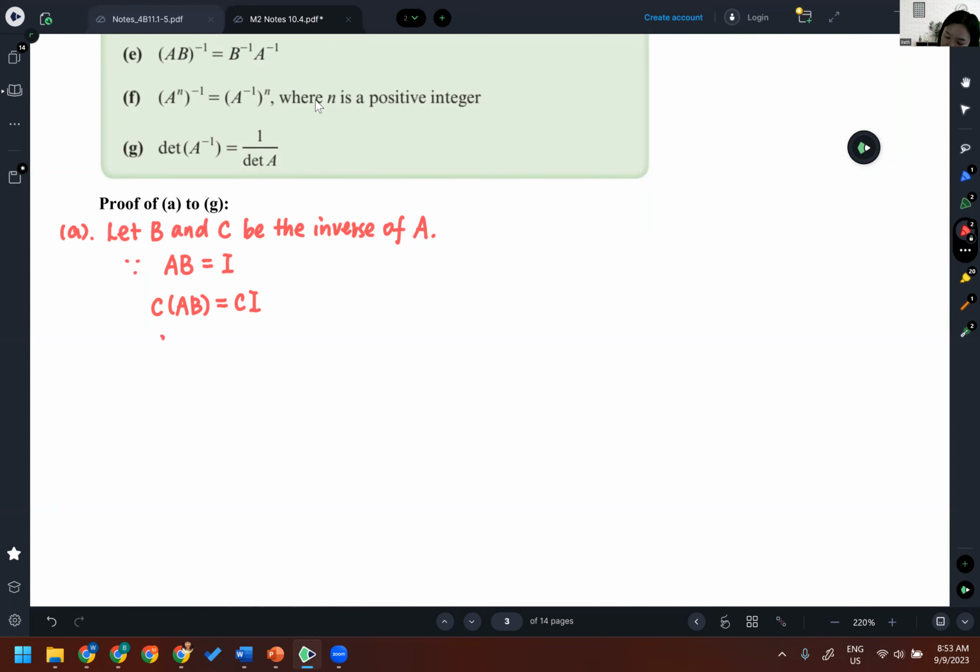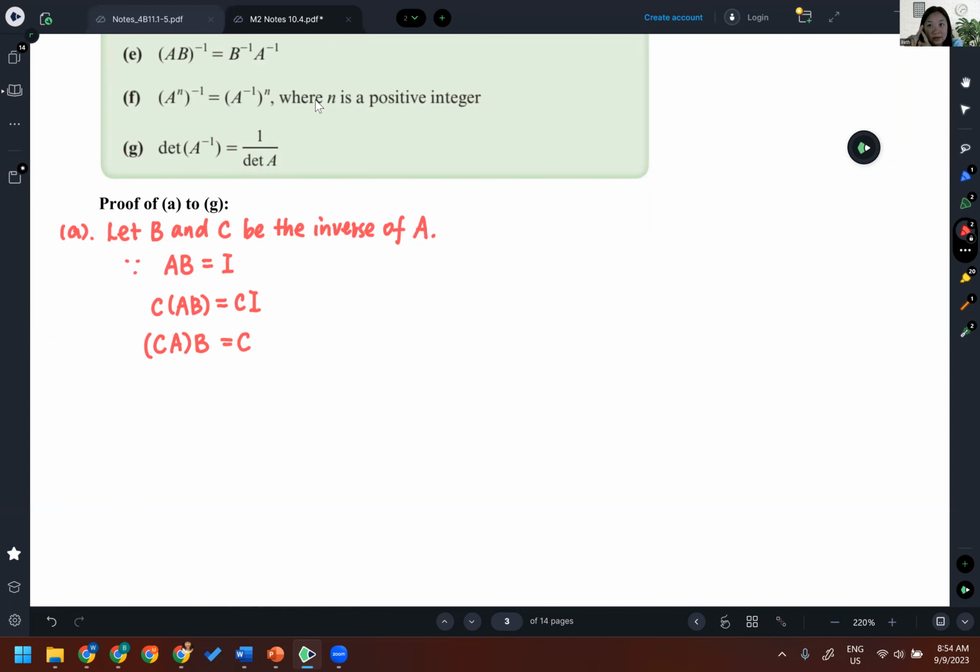That means CAB equal C. But in this part, I'm using the associative property of matrix. Now in matrix, I cannot swap the order of the multiplication, but I can group them. I can choose to do this first, as long as I don't swap the order of CAB.